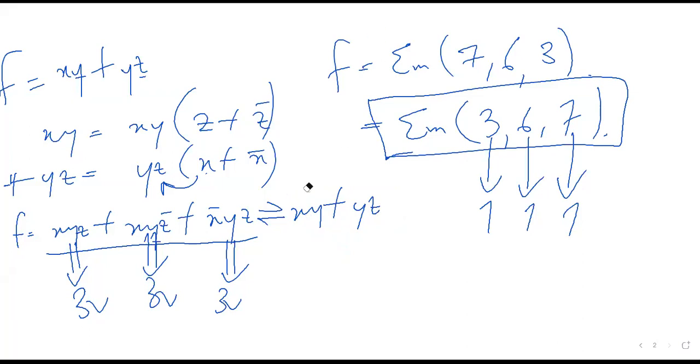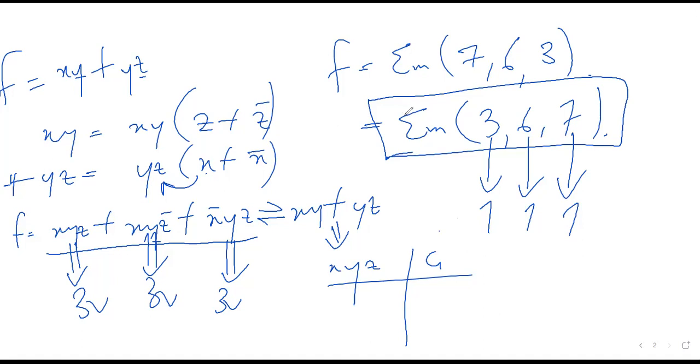How you can tell is by going through the truth table, which is a very long process because you need to find xy, find yz, then add the two, have 8 outputs, and then find where the output is 1 and where it is 0.